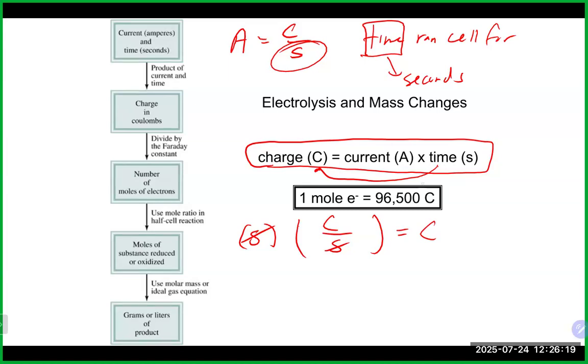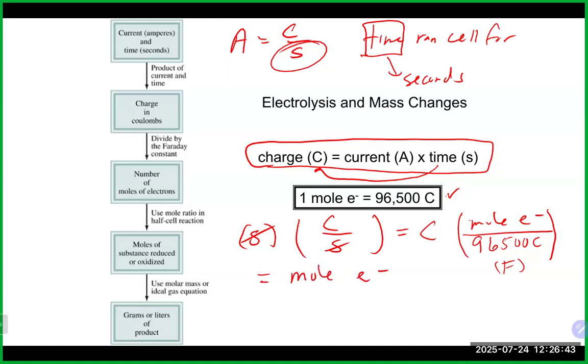Faraday's constant is 96,500 coulombs per mole of electrons. So you would use Faraday's constant to go from coulombs to moles of electrons.